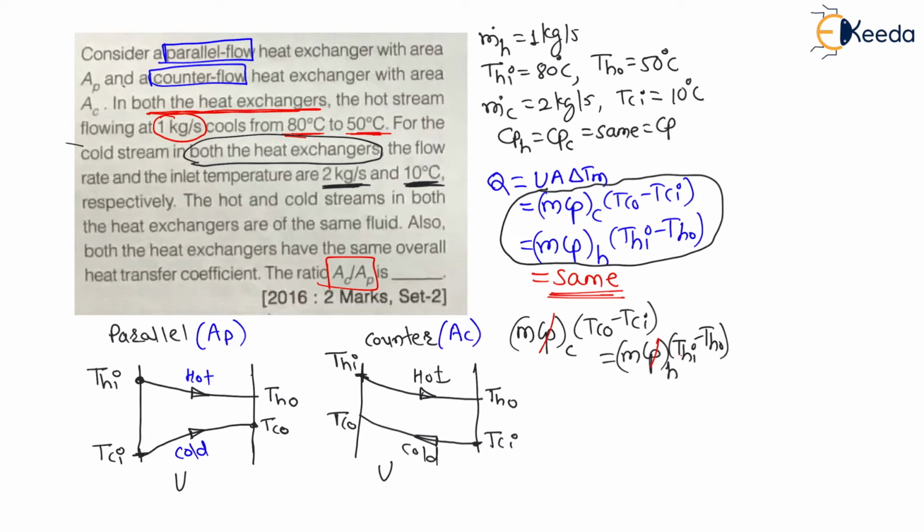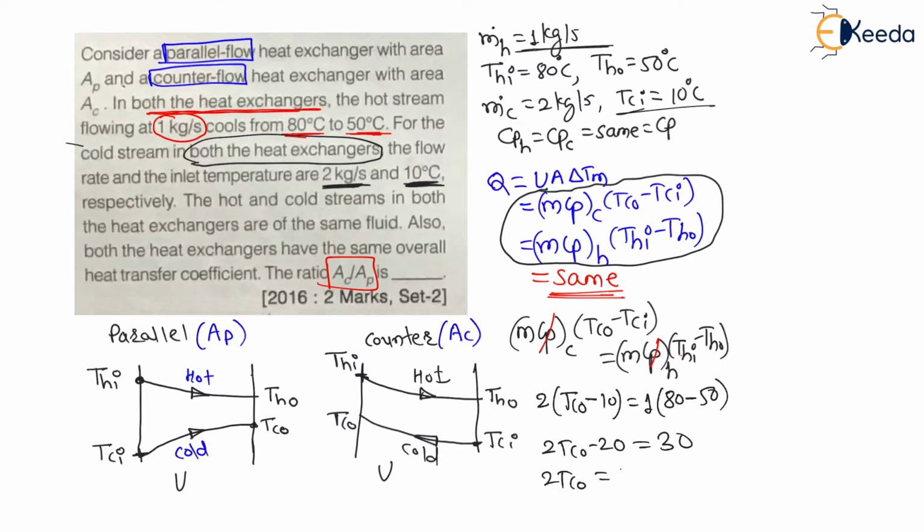Now the mass flow rate of cold is given as 2, therefore it is 2 into TCO, which is unknown, minus TCI, given as 10, is equal to the mass flow rate of hot, which is 1, into THI, which is 80, minus THO, which is 50, right? So my dear students, it will become 2 TCO minus 20 is equal to 30. Therefore 2 TCO will be equal to 50.